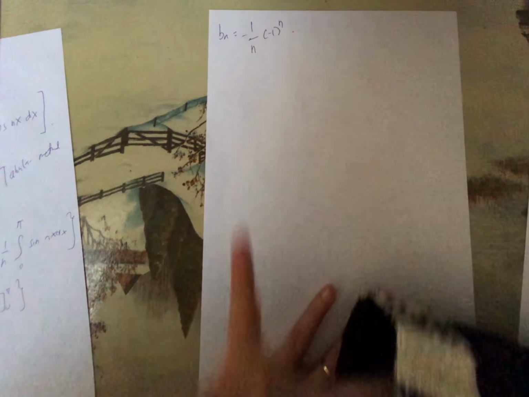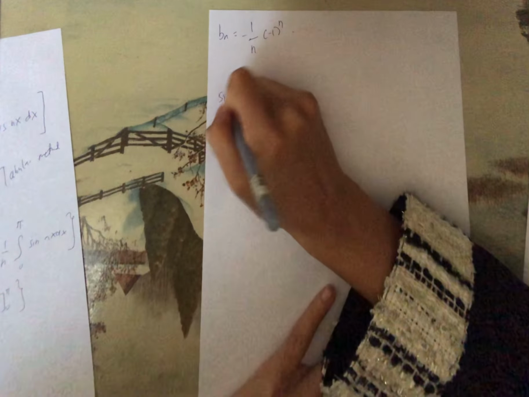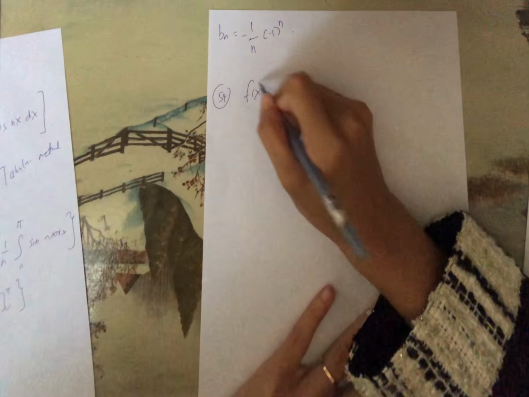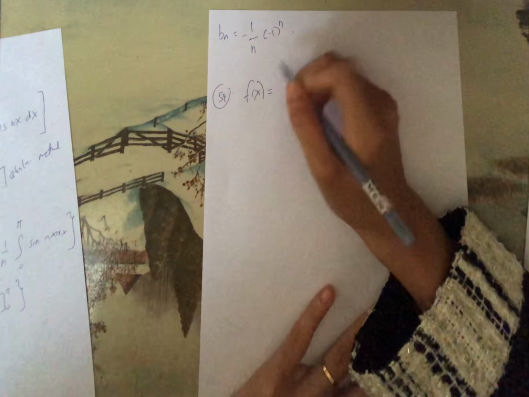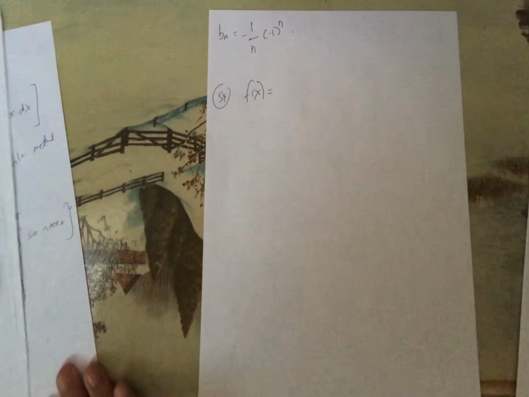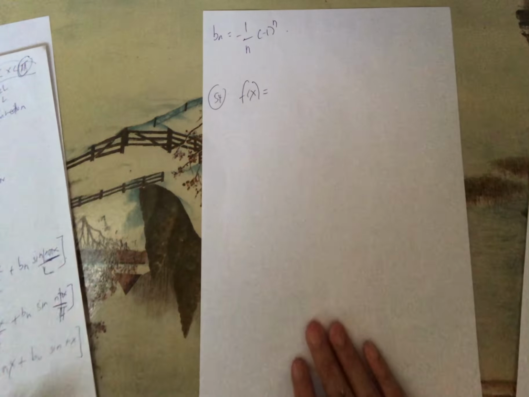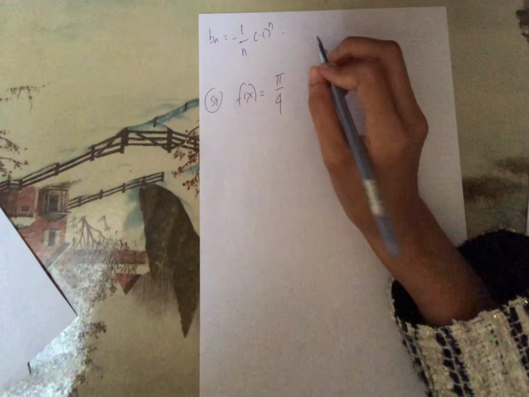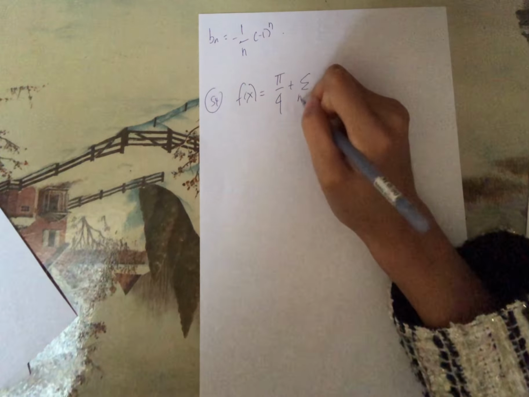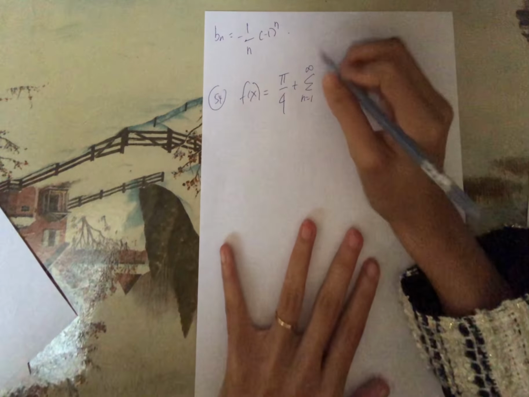After you get all these three, step number 4 is you need to substitute back into the general equation. So just now, what is your a naught? A naught is pi over 2, so it will become pi over 4, plus summation n from 1 to infinity.